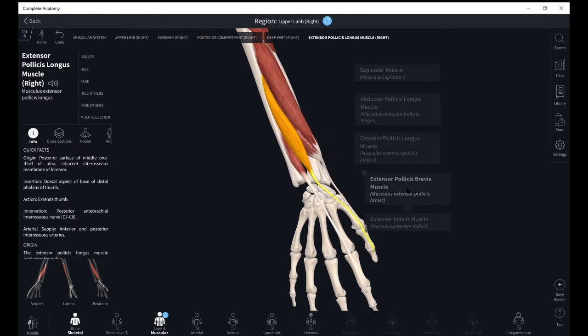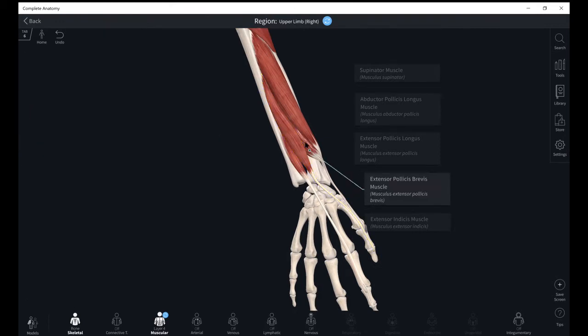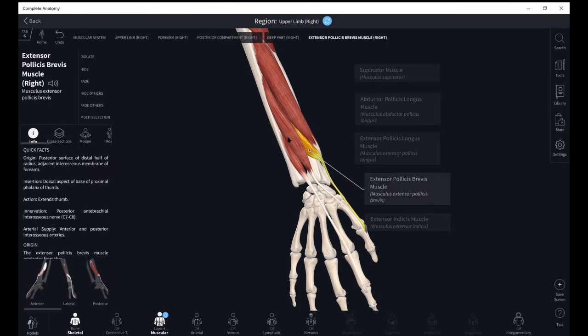We then get to extensor pollicis brevis in between those two previous muscles. Actually, let me fade that. Okay, so extensor pollicis brevis. The origin is the posterior surface of the distal half of the radius and the adjacent interosseous membrane of the forearm. It inserts in the dorsal aspect of the base of the proximal phalanx of the thumb, and again, it extends the thumb.